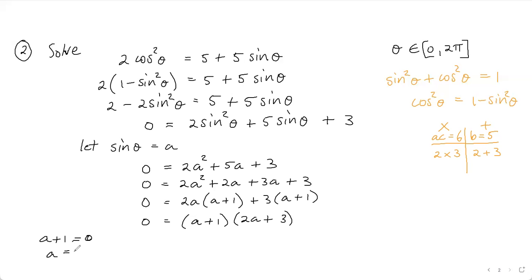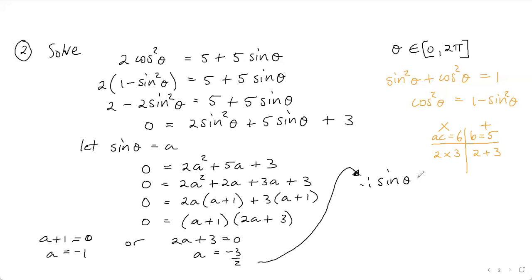So therefore a equals -1, or 2a plus 3 equals 0. So a would be -3 on 2. So remember though that a was really sine theta. So now come up here and I'm going to go, therefore sine theta equals -1, or sine theta equals -3 on 2.